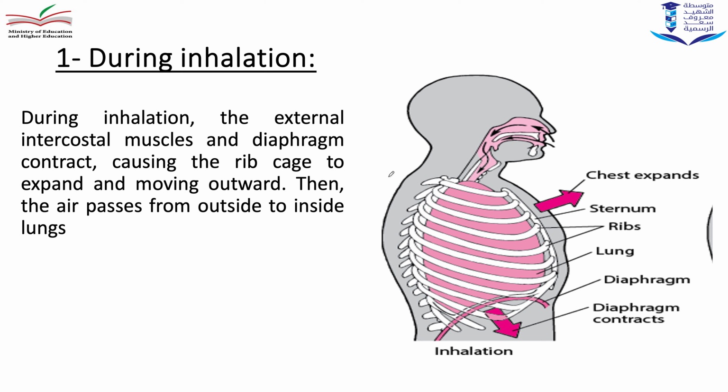This type of respiration is for mammals, for example rabbits, cows, dogs, reptiles, that is, living organisms having lungs. So we want to talk about the inhalation and exhalation of living organisms having lungs. This is general information about respiration.